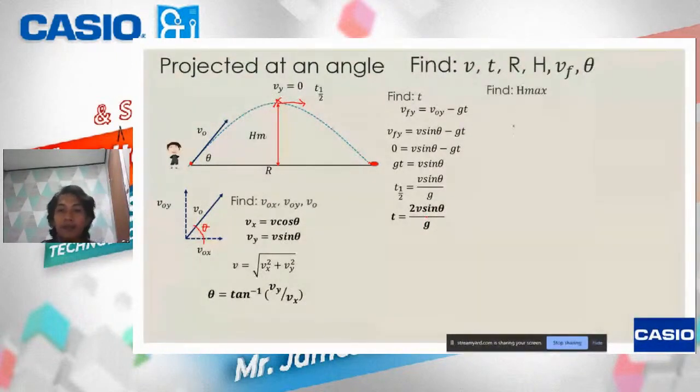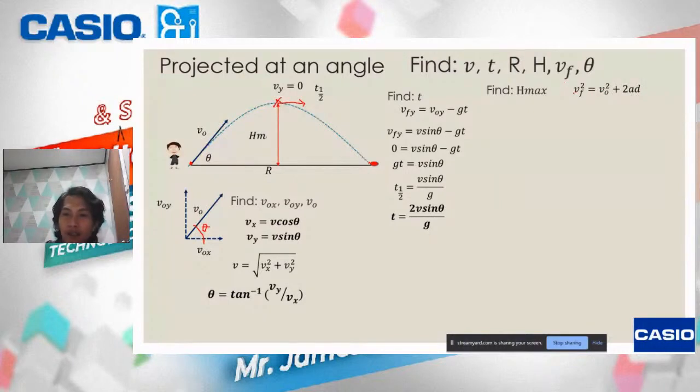How do we get the maximum height? Using our kinematics equation, but this time we will use an equation where, instead of time, we use delta y, which is this one. Let's change this as our equation here.